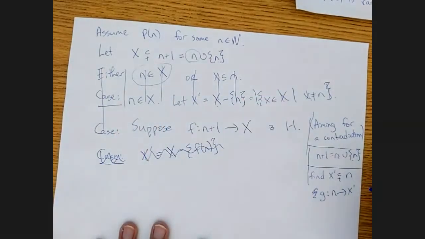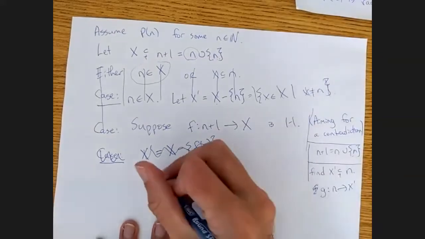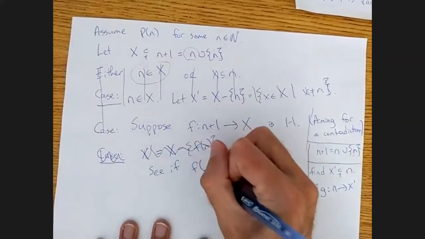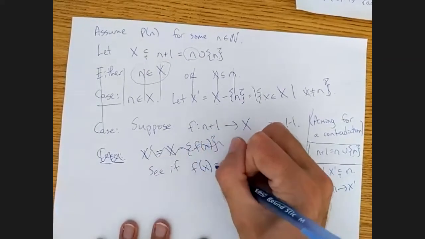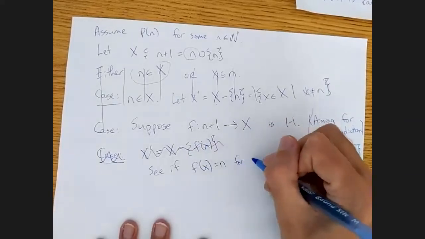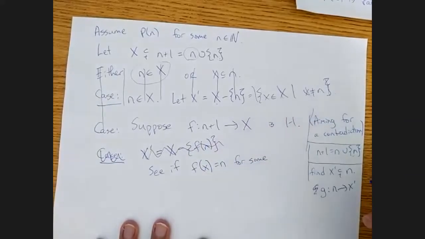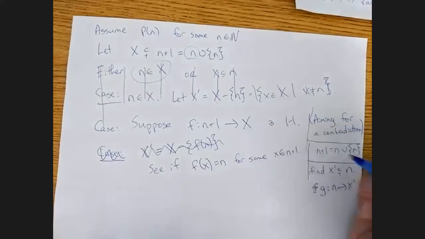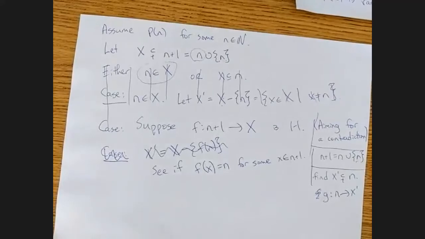We should do something else. Yeah, we want to find a proper subset of n. So we should see if f of x equals n for some x in n plus 1. Yeah, that's what we should do.